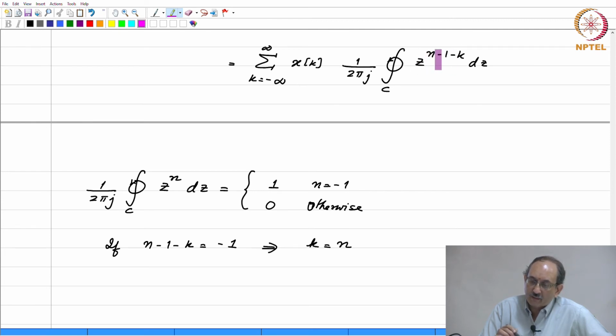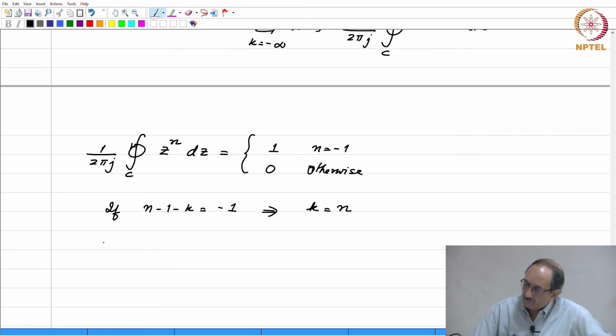Only when k equals n will this term be 1. For all other values, this term will be 0 and therefore, all these terms will vanish. Therefore, the only surviving term will correspond to k equal to n, and hence we get x of n as the final answer. Every other term in the summation is 0.